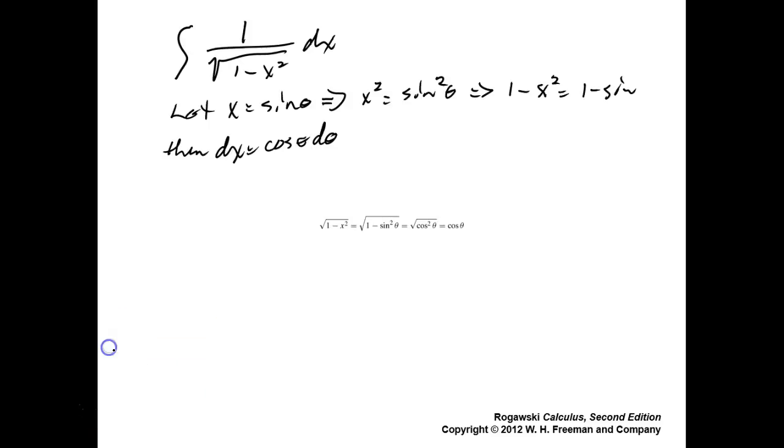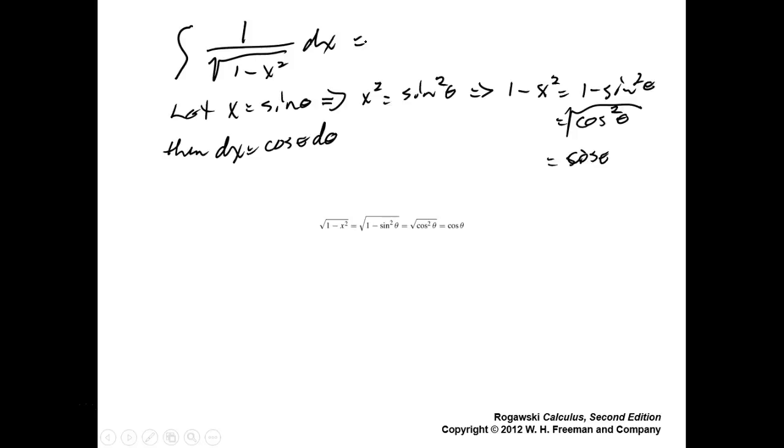It writes and disappears and stuff like that. It's 1 minus sine squared theta, which is cosine squared theta. And then the square root of that thing would be the square root of cosine squared theta, which would be cosine theta. Okay. So, let's plug in what we got now.